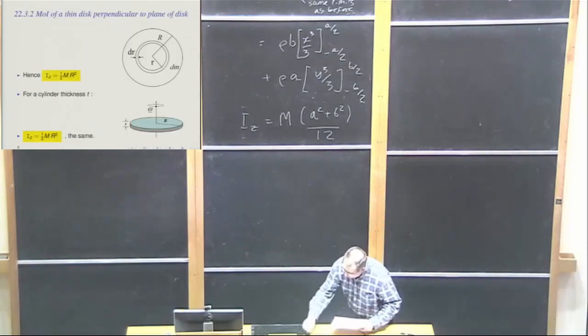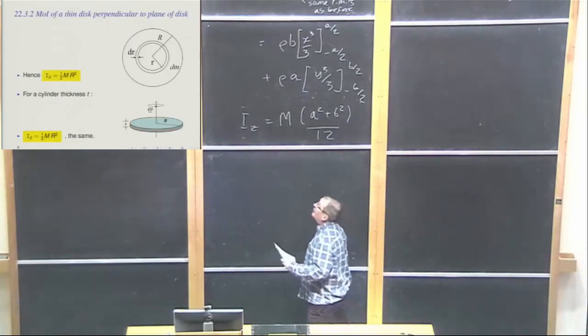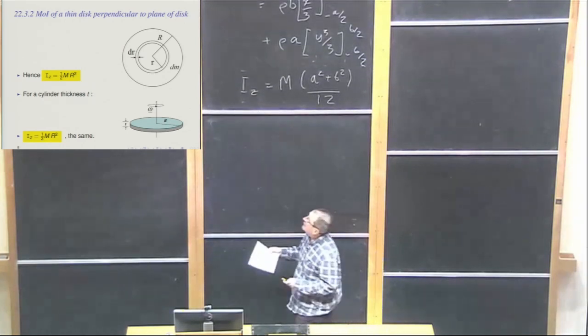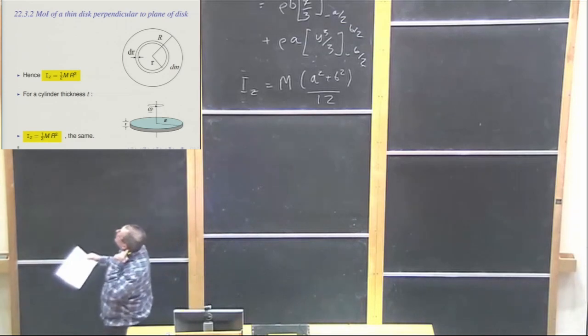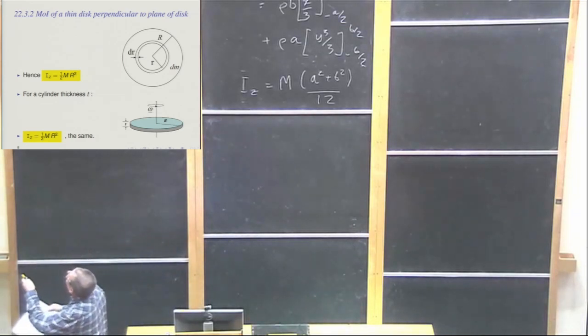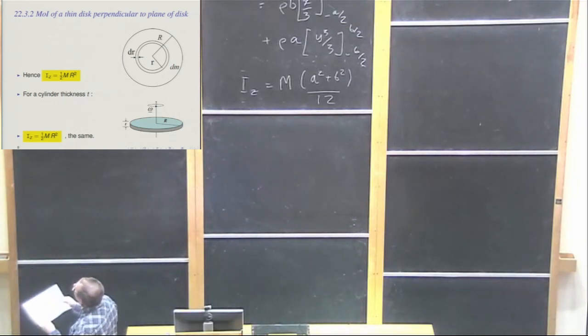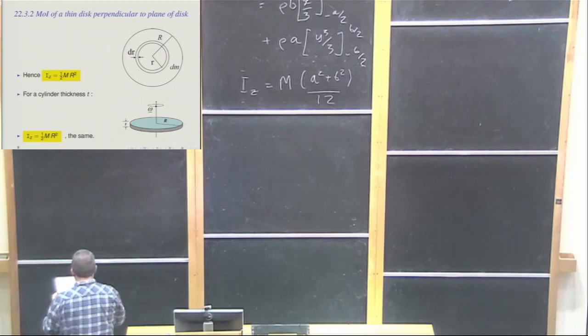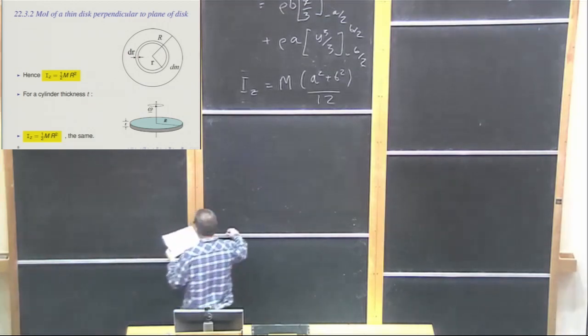Let's consider another object. Now this is a thin disk. We want to calculate the moment of inertia through an axis coming out of this disk. Initially, let's consider this disk to be just two-dimensional. So the axis is pointing towards us, and that will be the z-axis.